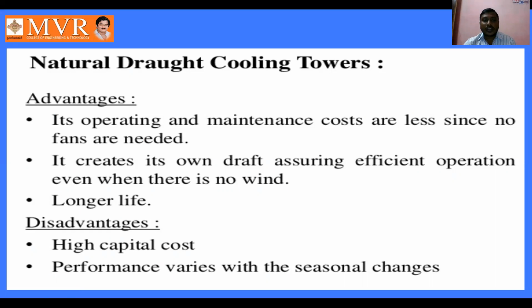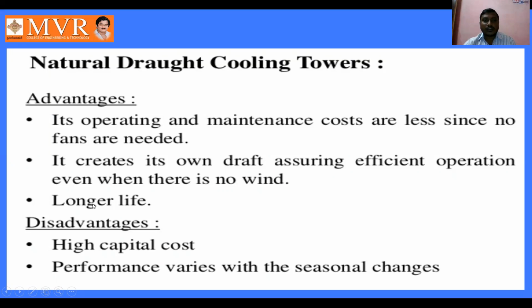The air directly enters the cooling tower. As we are not using fans, the operating and maintenance costs are very low. It creates its own draft, assuring efficient operation even when there is no wind.